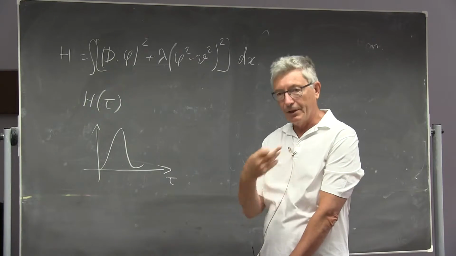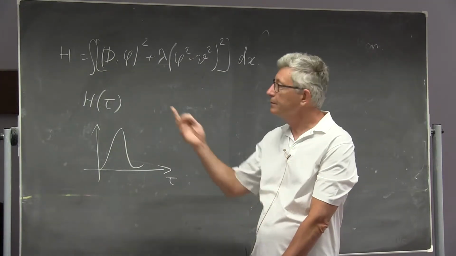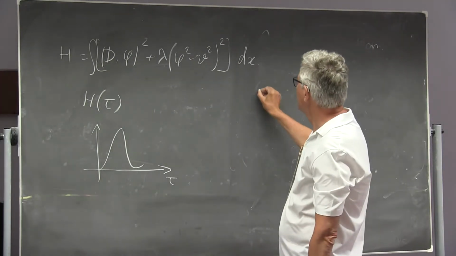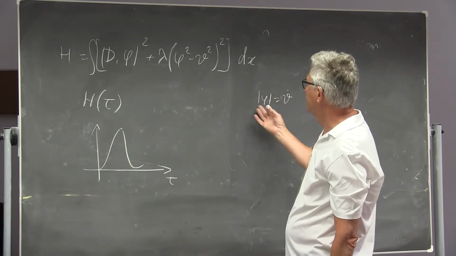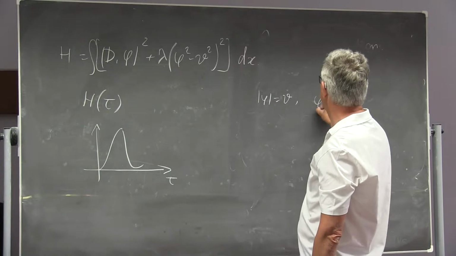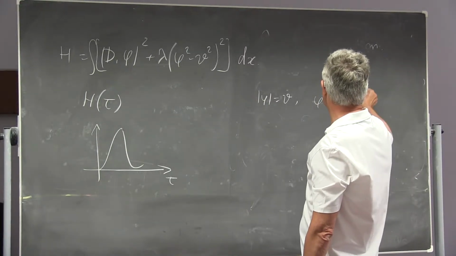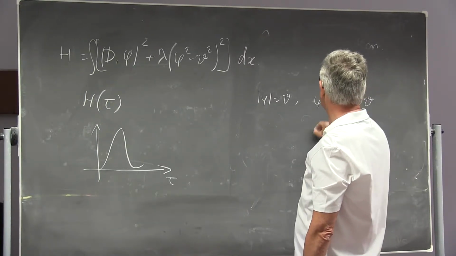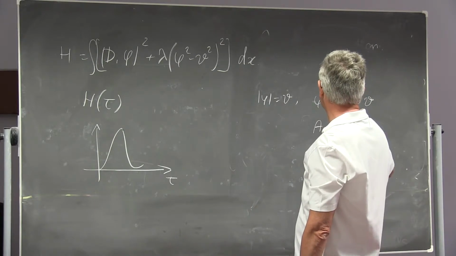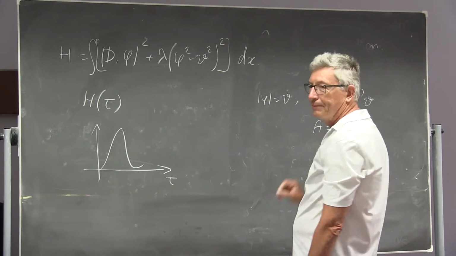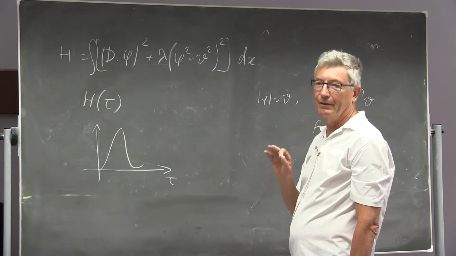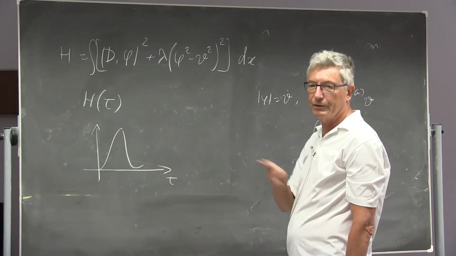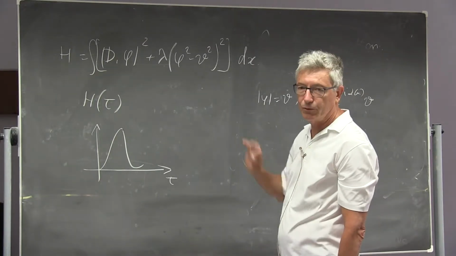From here, we conclude that the only possibility to have 0 here is to have modulo phi equal to v, and we can write that phi is equal to e to the i alpha x times v, and A is equal to a pure gauge. If this is not the case, then the energy of the configuration is greater than 0 because this is a sum of two positive terms.